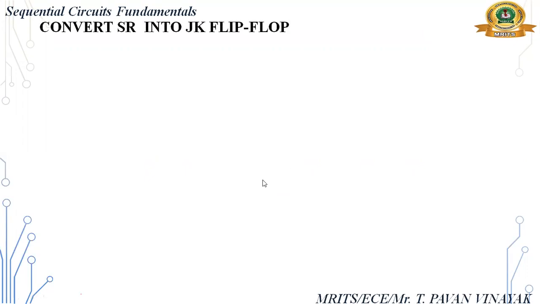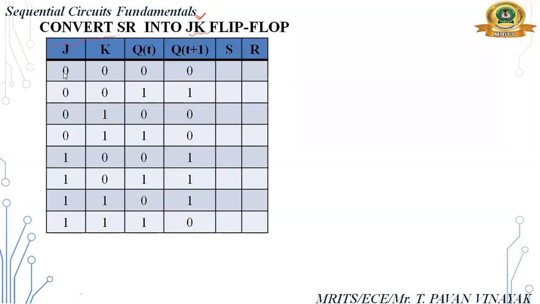Now I am converting SR into JK. So what do we have to do? You have to write the characteristic table of JK first. So this is the characteristic table of JK.